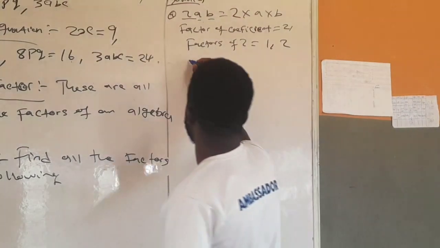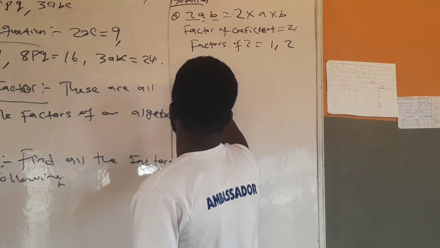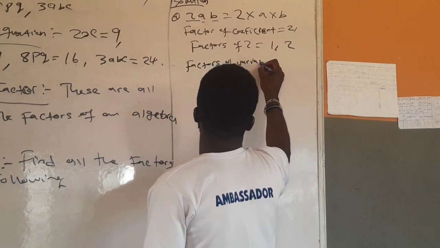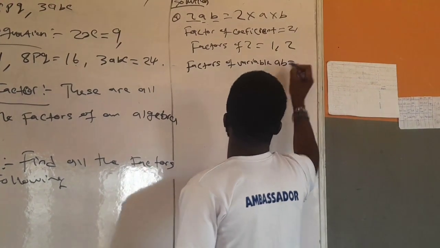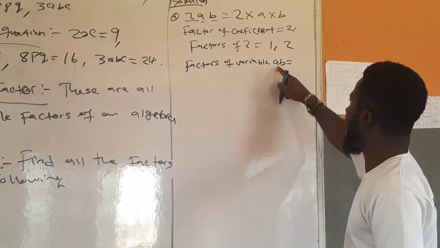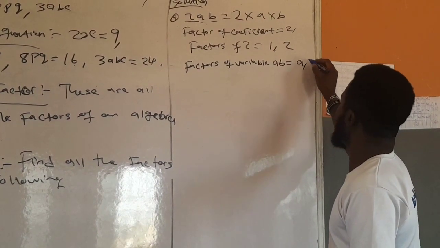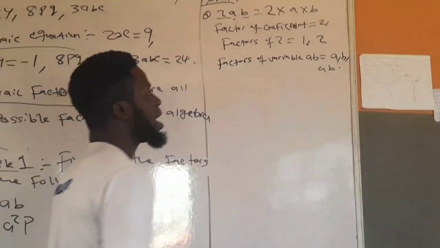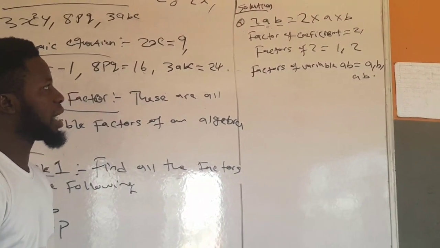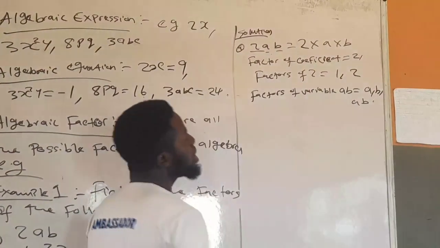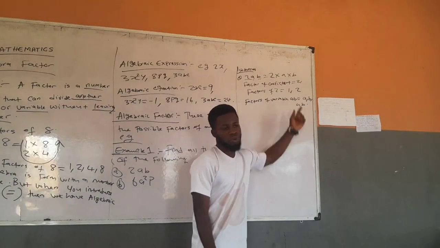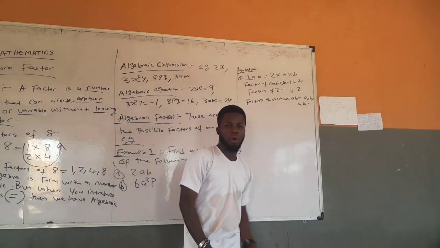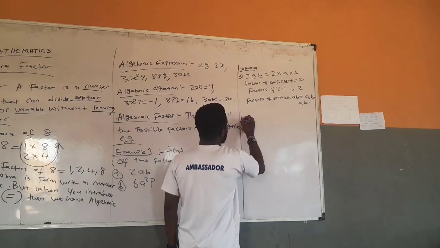The next thing you need to write is the factors of the variable AB, which will be A, B, and AB. Actually 1 can go in AB, but you don't need to write 1 since we have 1 as a factor of 2.